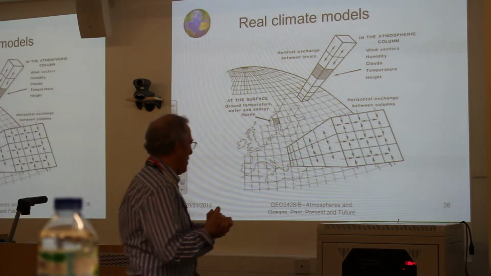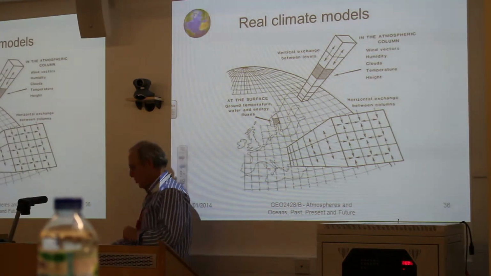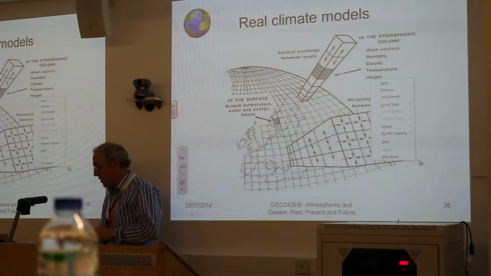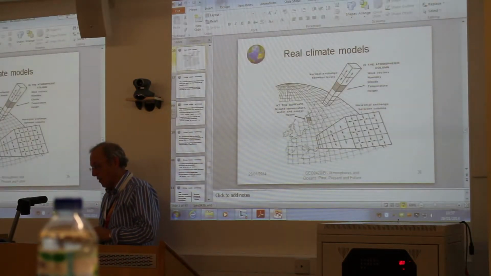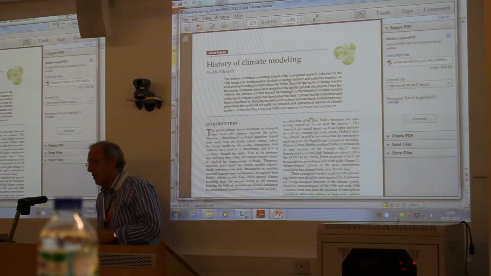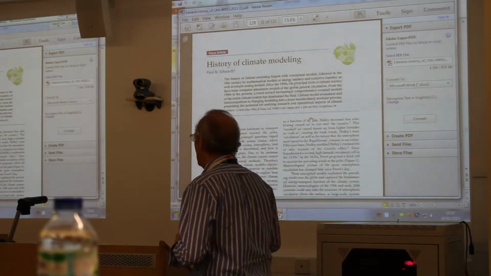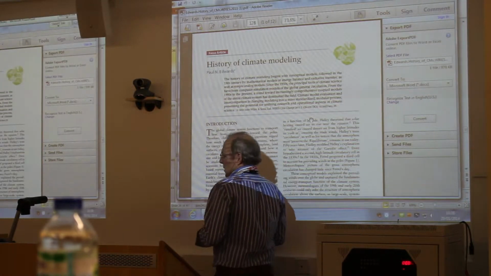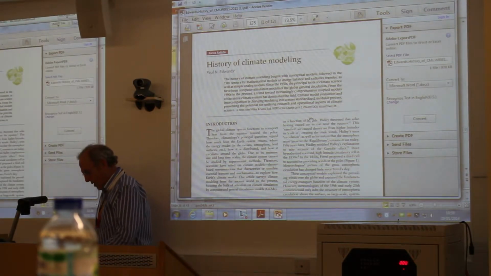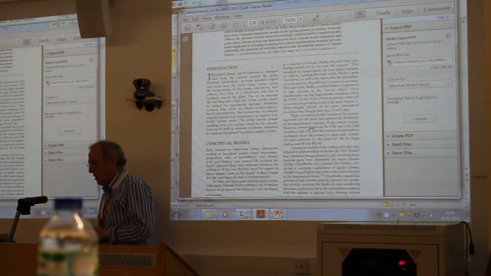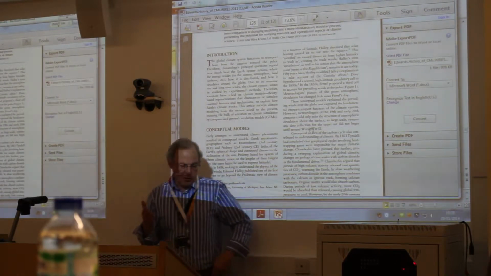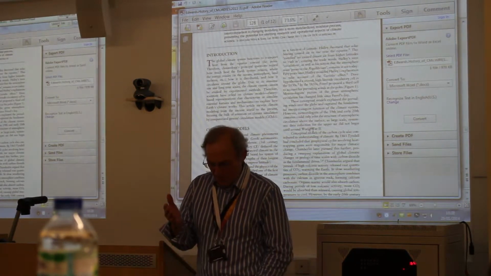Let me show you a paper, one of two or three that I've suggested you read, the Edwards History of Climate Modelling in WIREs. Especially the early part is really quite neat because he starts off by describing how these models have developed.